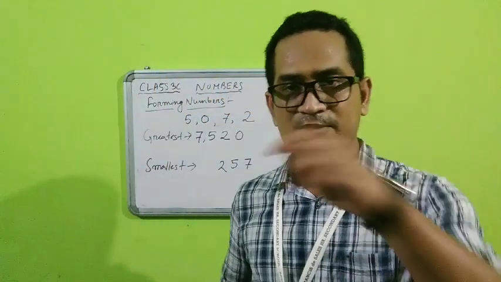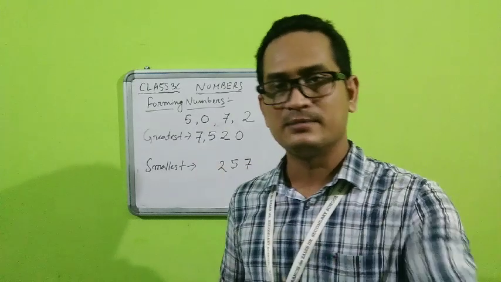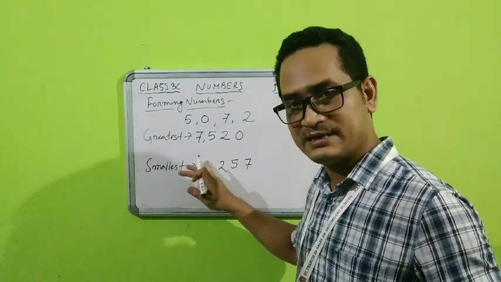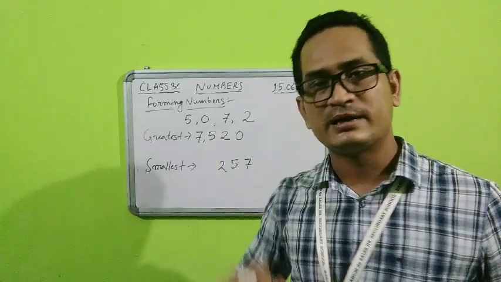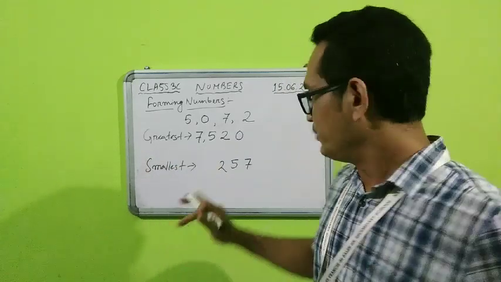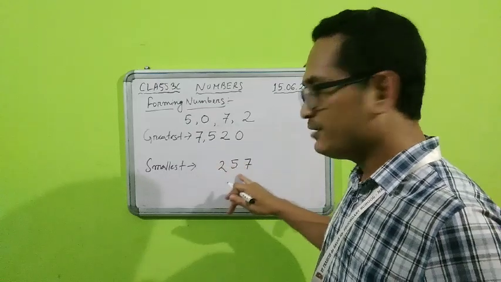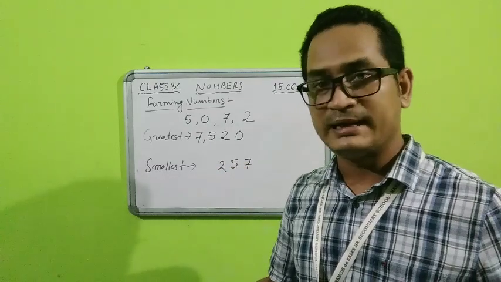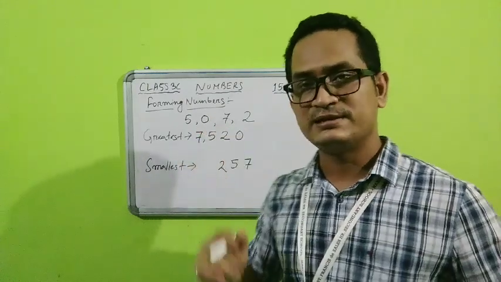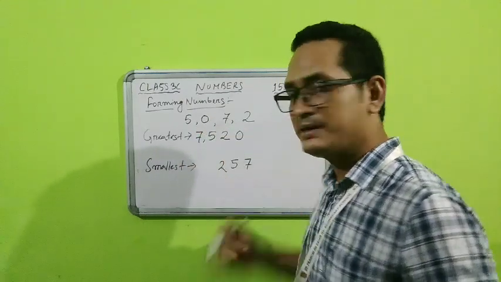But when we try to use that in the smallest number, what happened? When I put the 0 on the left hand side, the extreme left, that 0 does not get counted. So we need to remove that 0. So now we are using only 3 digits. But that is not the question. The question is asking to form the smallest 4-digit number, but it is becoming a 3-digit number.